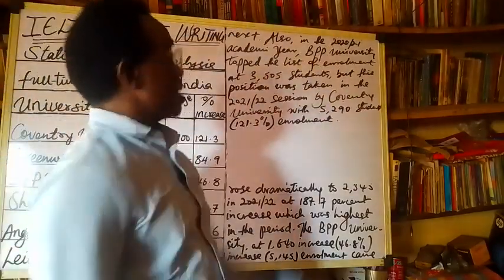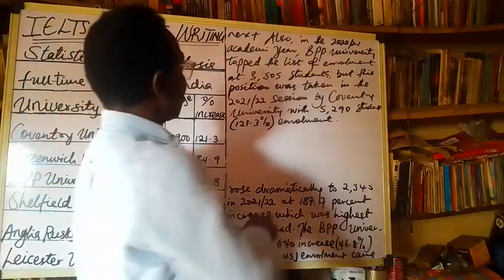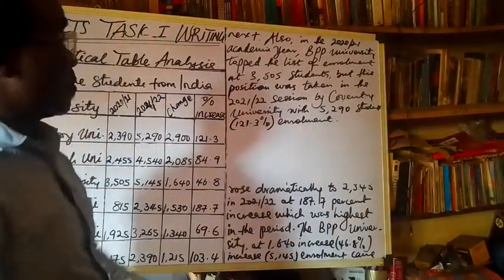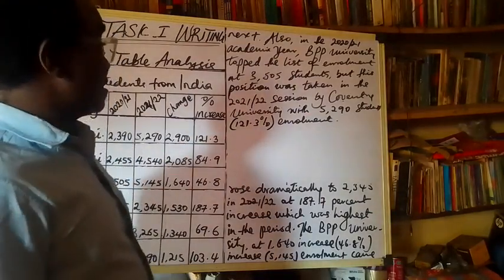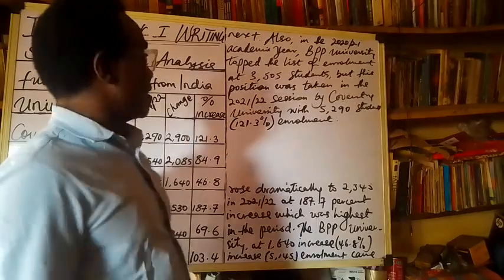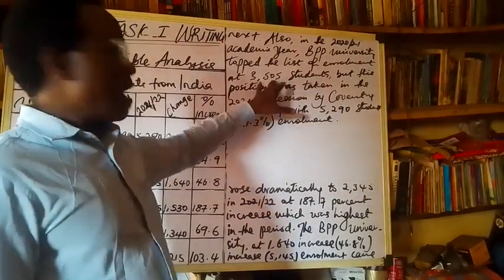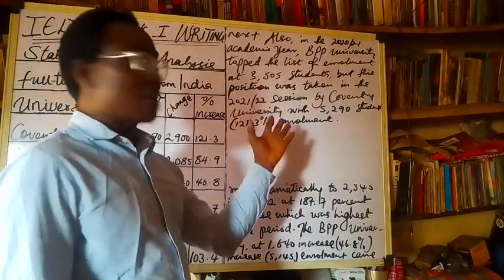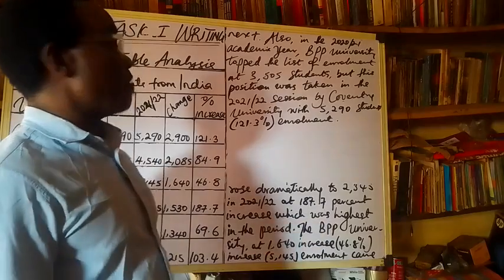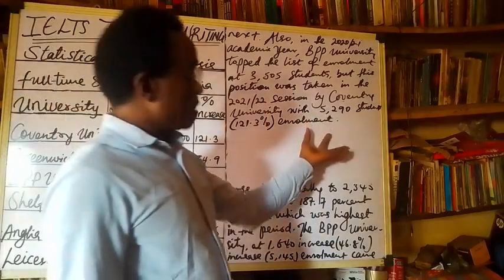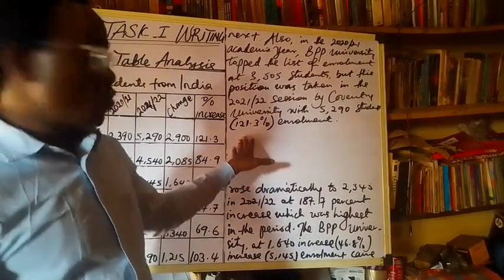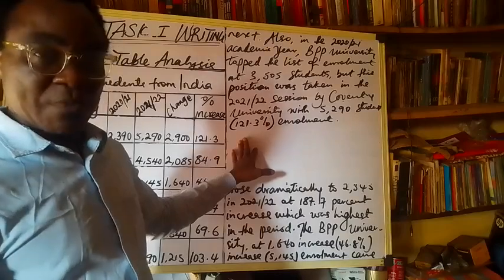Also in the 2020-21 academic year, BPP University topped the list of enrollment at 3,505 students. The position was taken in the 2021-22 session by Coventry University with 5,290 students, that is 121.3% enrollment.